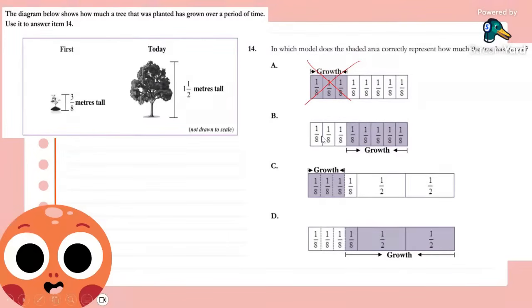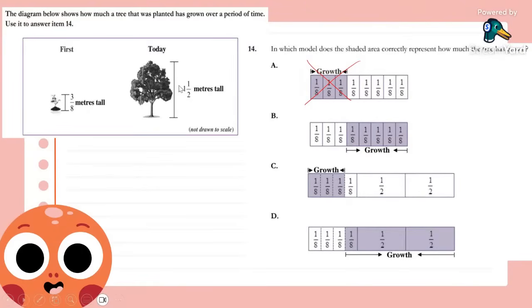We have the growth being shown as 1/8, 2/8, 3/8, 4/8, 5/8. And if we subtract 3/8 from 1.5, it won't be 5/8 because 3/8 and 5/8 give us 1 whole. And this is showing more than a whole.